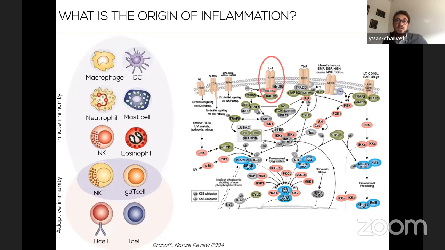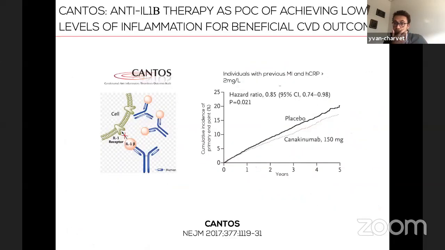At least if you look at just one signaling pathway, the interleukin-1 beta pathway, from the CANTOS trial, you can see that targeting interleukin-1 beta with a blocking antibody can really achieve a low level of inflammation, and that is beneficial for cardiovascular outcomes. So this was the first proof of concept that targeting the inflammatory pathway was crucial.